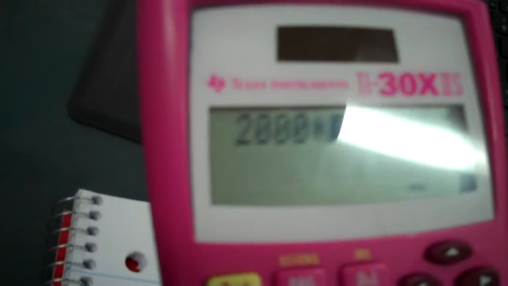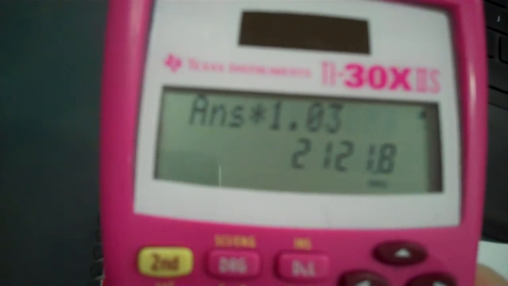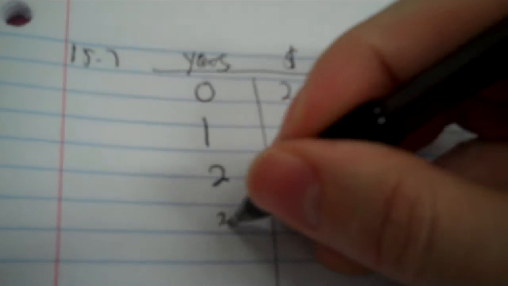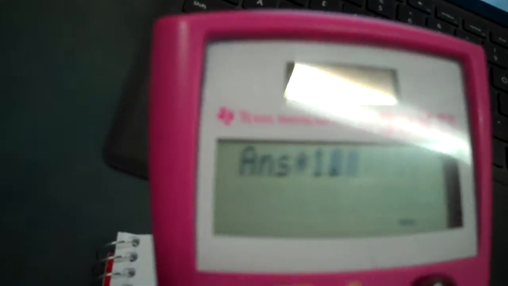Okay. So after the first year, we take 2,000 times 1.03, 2,060. Second year times 1.03, $2,121.18 times 1.03, $2,185.45.